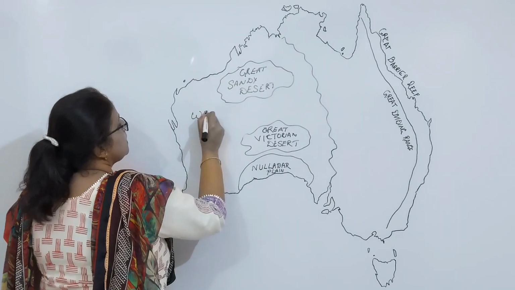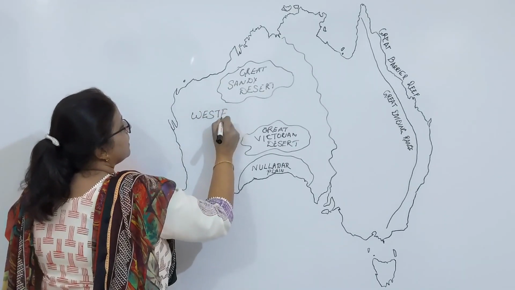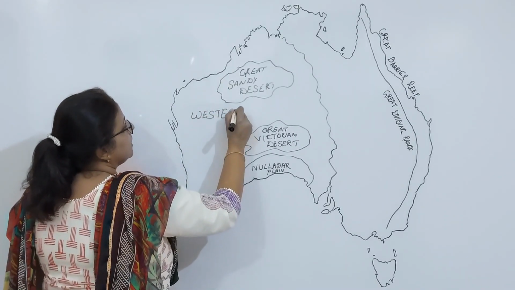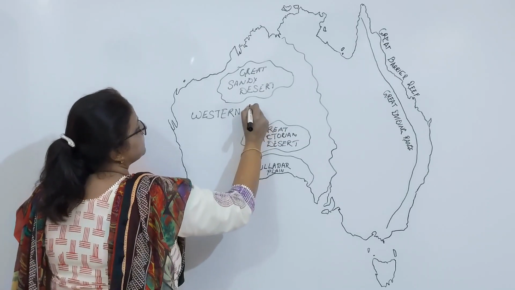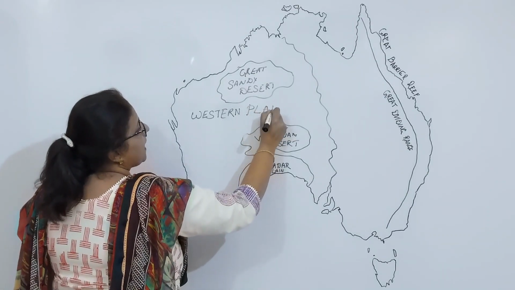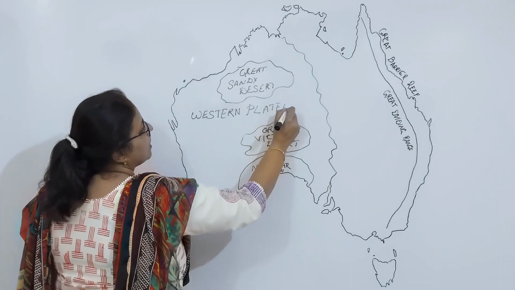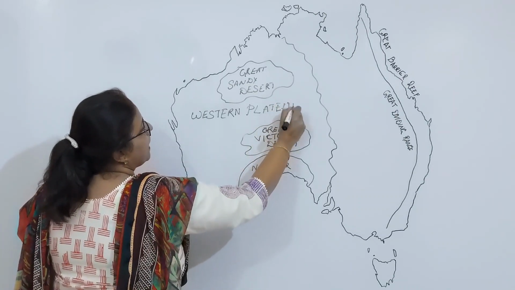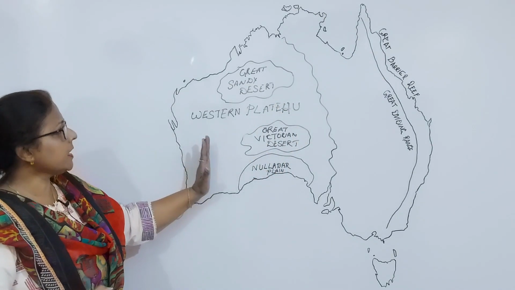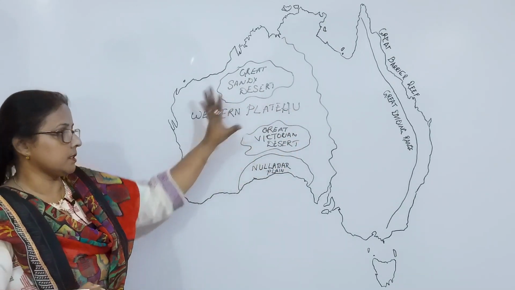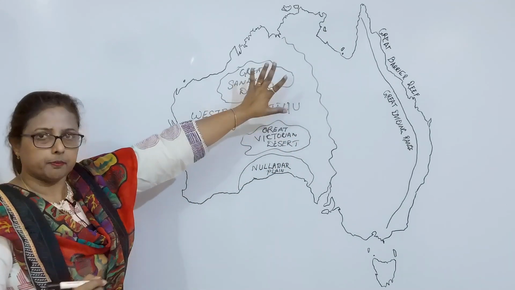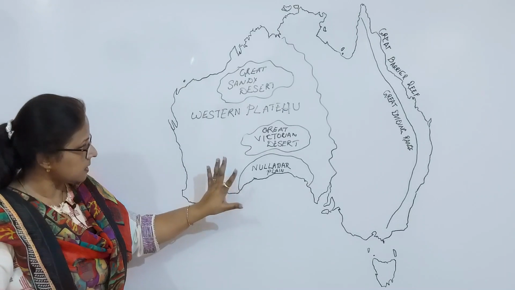Now this western plateau is also a dry area, and it has a height of about 300 to 600 meters above the sea level on an average.